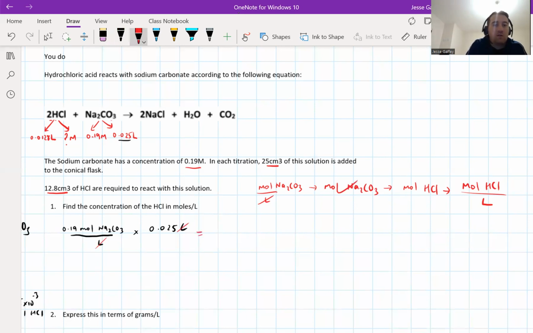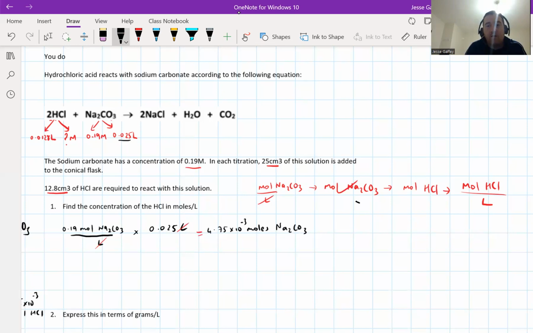So doing 0.19 times 0.025 gives me 4.75 by 10 to the minus 3 moles of Na2CO3. So that's got me up to there.